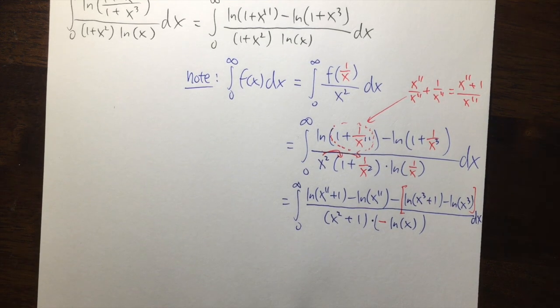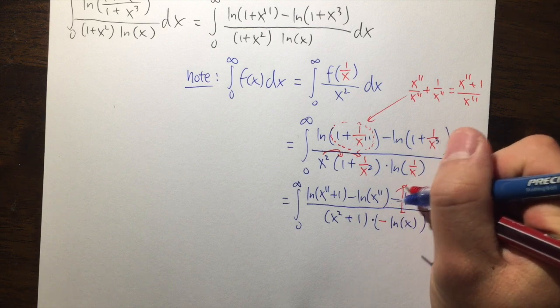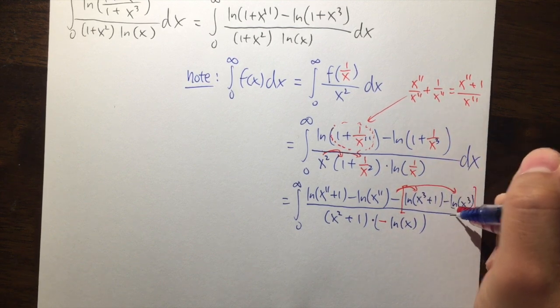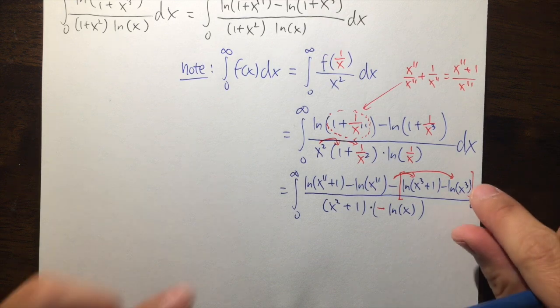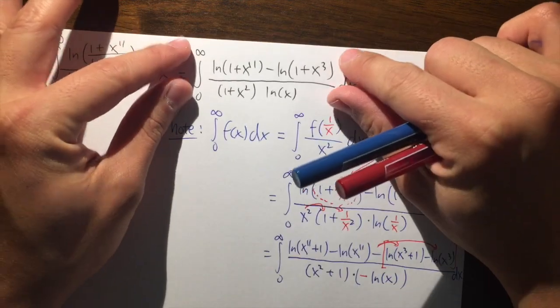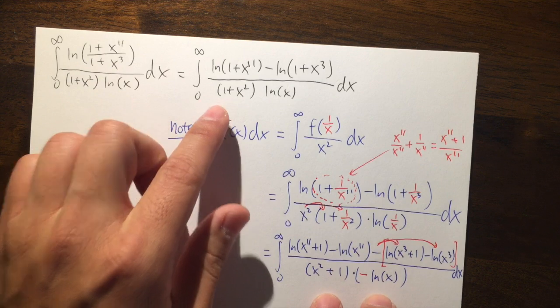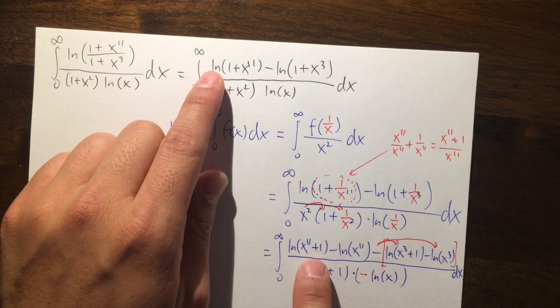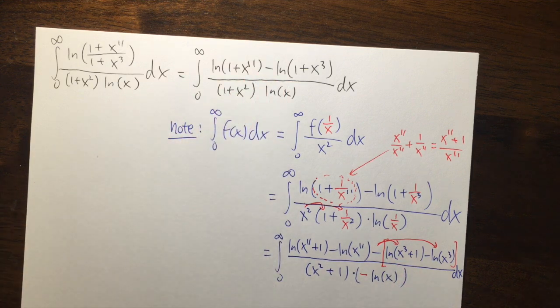Okay, so that's pretty much that. And of course, if you would like, you can distribute this, so this actually becomes positive. Notice this one in blue versus the one that we have originally. The denominators are similar in terms of the function part, and then on the top we have this and that being similar.